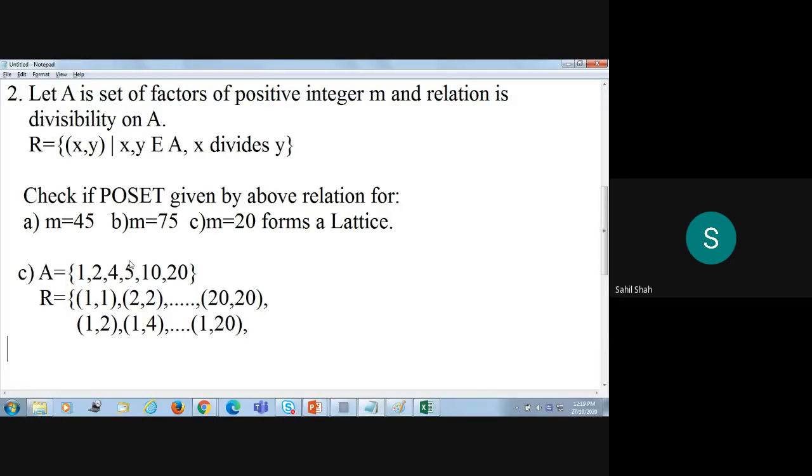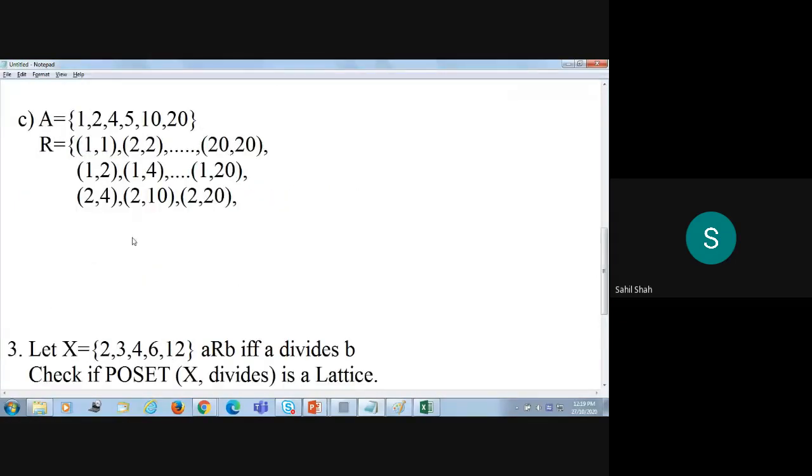What next? 2 divides 4, 2 divides 20, 2 divides 10. Only these three. So I am not writing "up to" now. I am directly writing next: 4 divides 20 directly. 5 divides 10, 5 also divides 20.